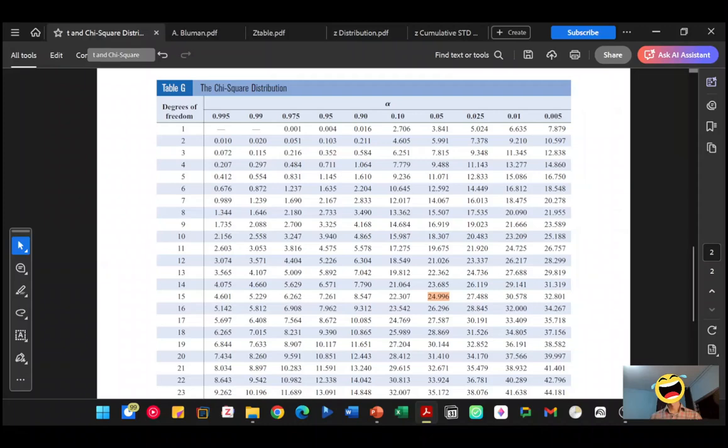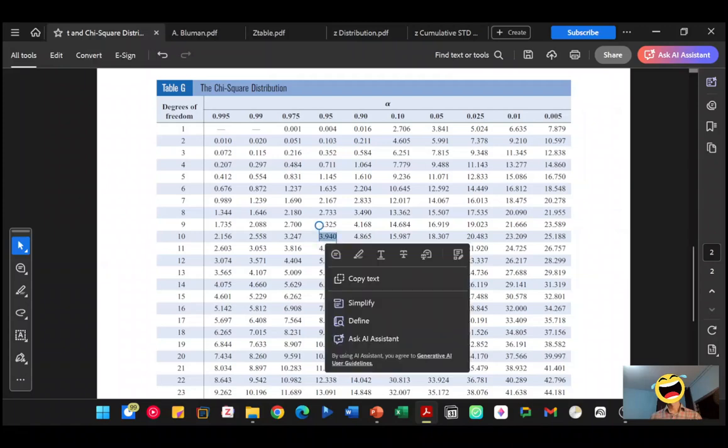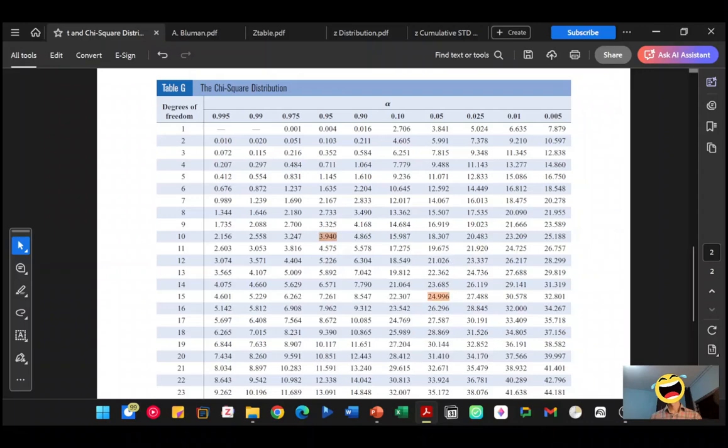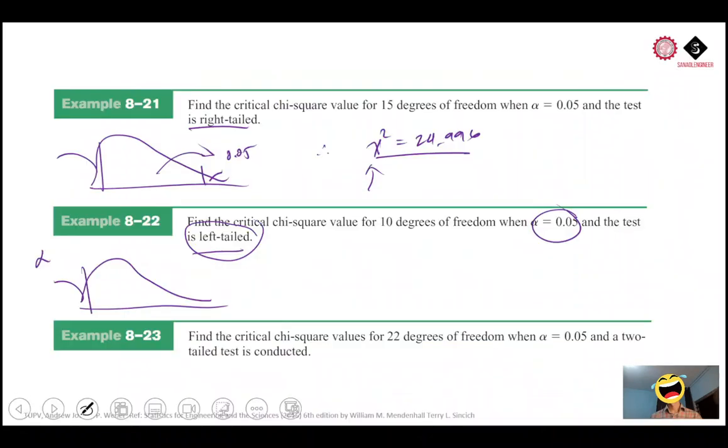Since it is left-tailed, even though the alpha is 0.05, you have to subtract it from 1. So we should look for 0.95. So 10, then 0.95 here. So that's 3.940. So the chi-squared is 3.940. It makes sense because it is to the left of the distribution.